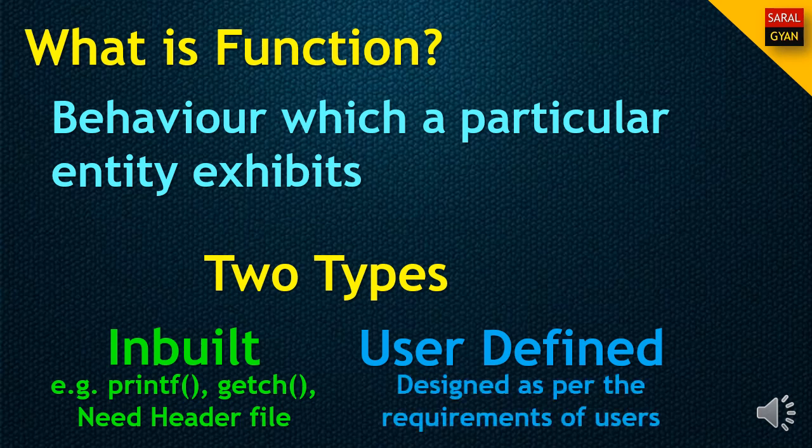For example, I want to define a function which can calculate the factorial value of a given number. That number will be given as an input, then it will be processed, and later on the factorial value can be returned.